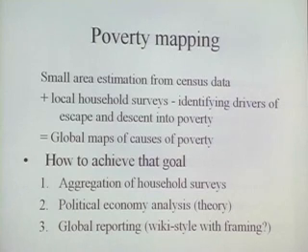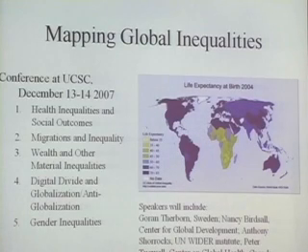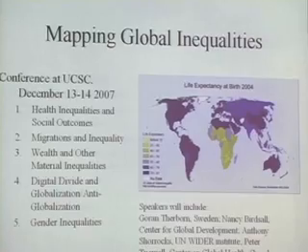This is still in the early stages. We haven't got a really good model for doing this, but we think that there is the potential to make good the gaps in corporate and governmental statistics by beginning to bring in a more democratic style of poverty mapping. These are both early examples, and I want to turn over briefly to Erin Middleton, who's going to talk about our conference in December.